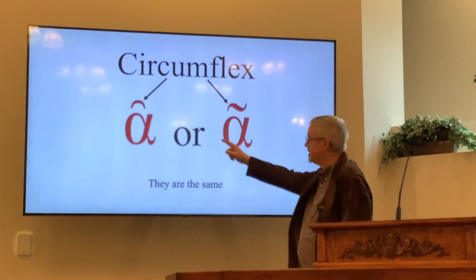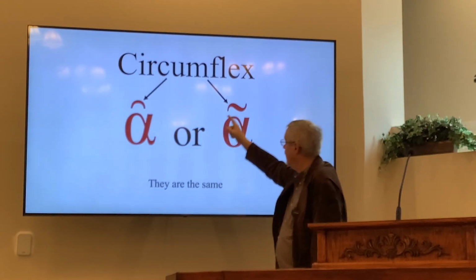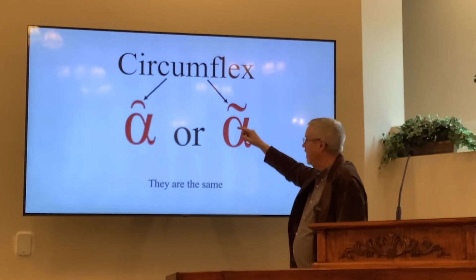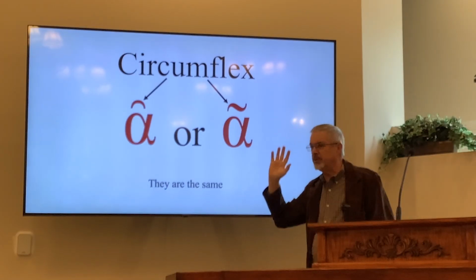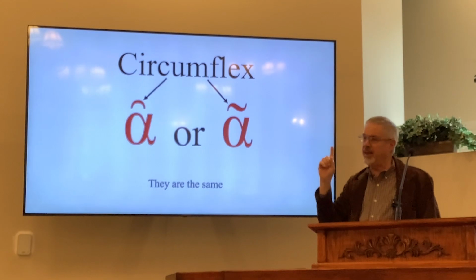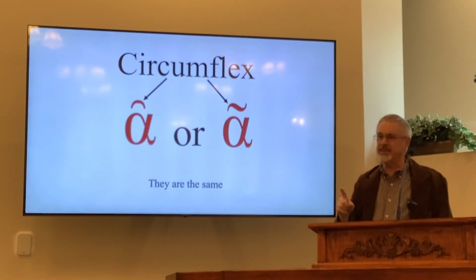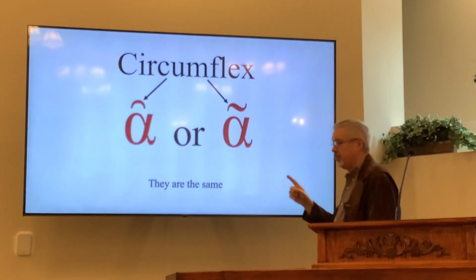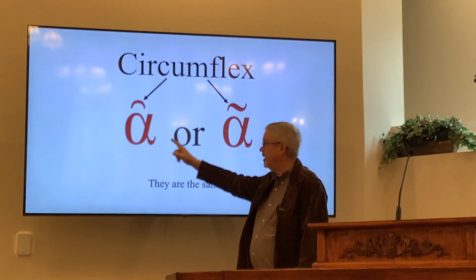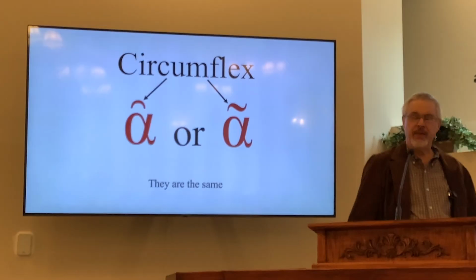Sometimes you will see a text that might have that, another text that might have that. They are the same. There's no difference in these. It's just different style. Even if you play around with Greek fonts, you can go from that one to that one just by changing the font. All right, they are the same.